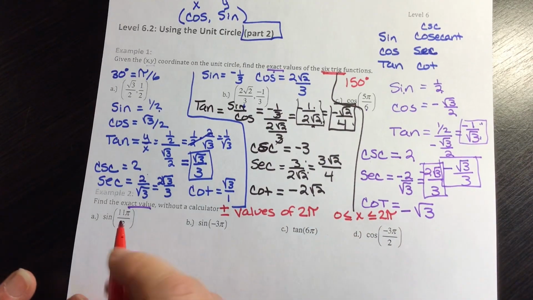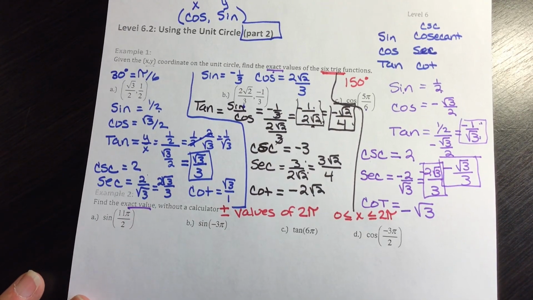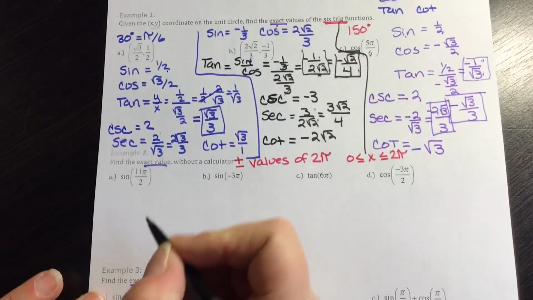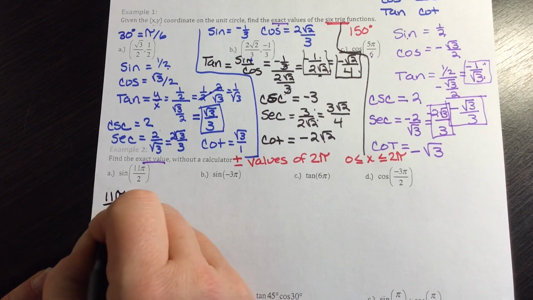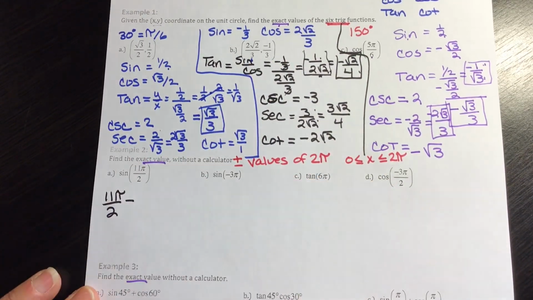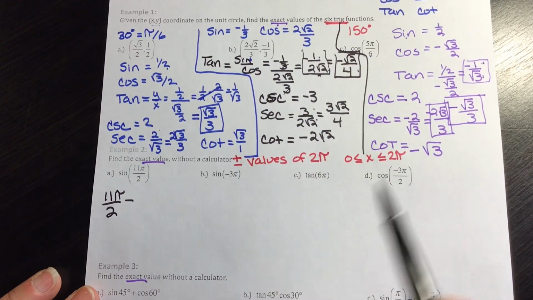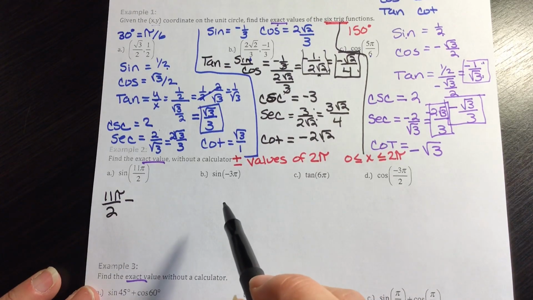All right, so if this is 11 pi over 2, and I subtract 1 full revolution around the circle, because 2 pi is 1 full revolution, I want to find out where this would fall on the unit circle.